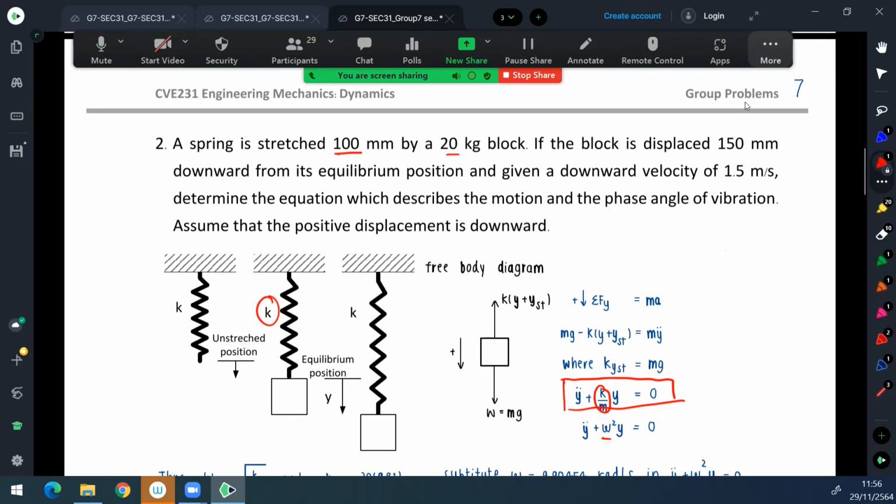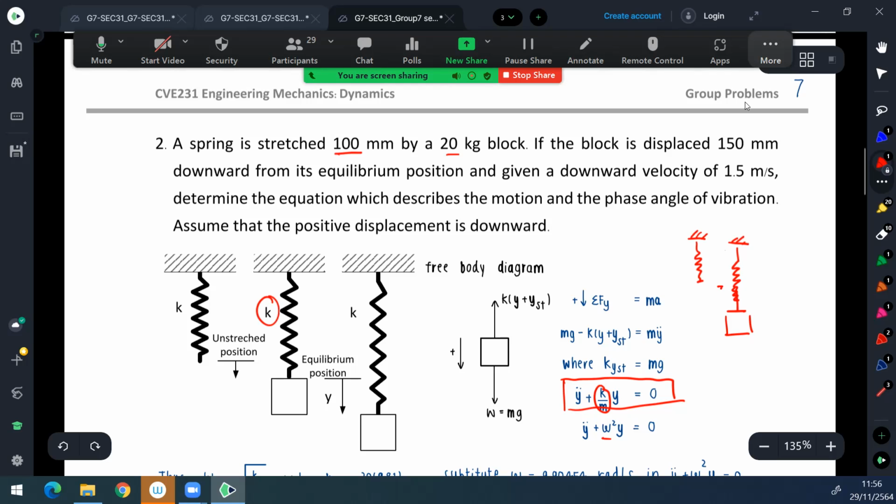block. It means that at the equilibrium state, the spring deforms from the unstressed position. Okay, the spring has a deformation ys equal to 0.1 meter at this point.